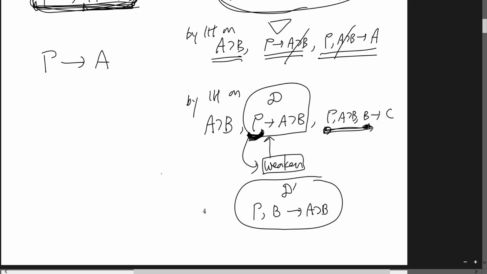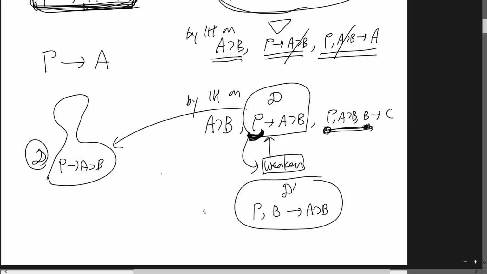So figuratively speaking, if the proof D looks like this one, then D prime looks exactly the same. You just visit every part of the derivation tree and add B, that's all.